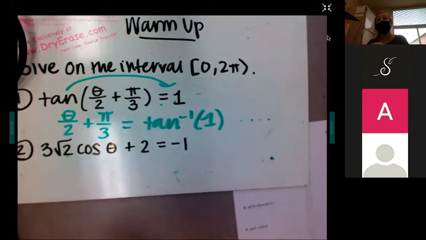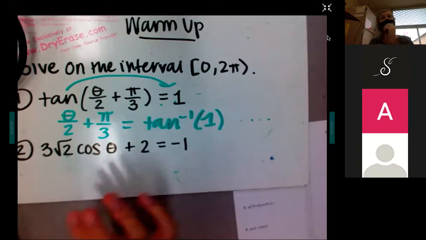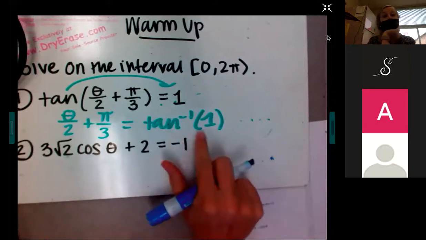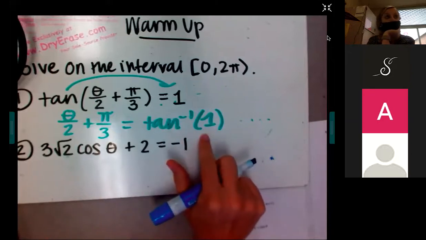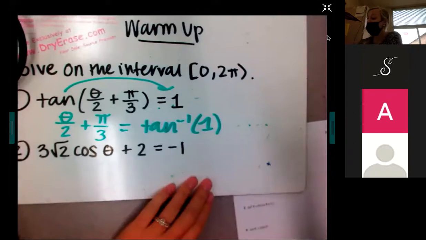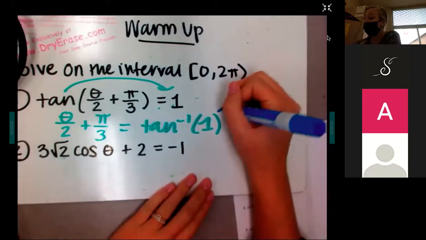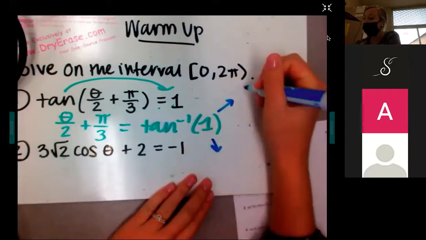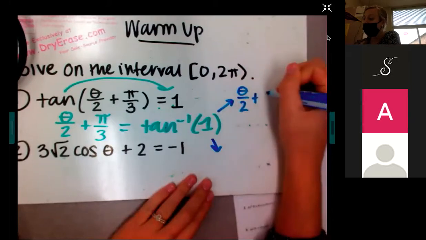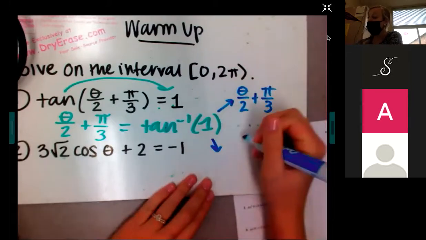Okay, so what angles on the unit circle have a tangent of 1? Pi over 4. And there is another one. Good, and 5 pi over 4.